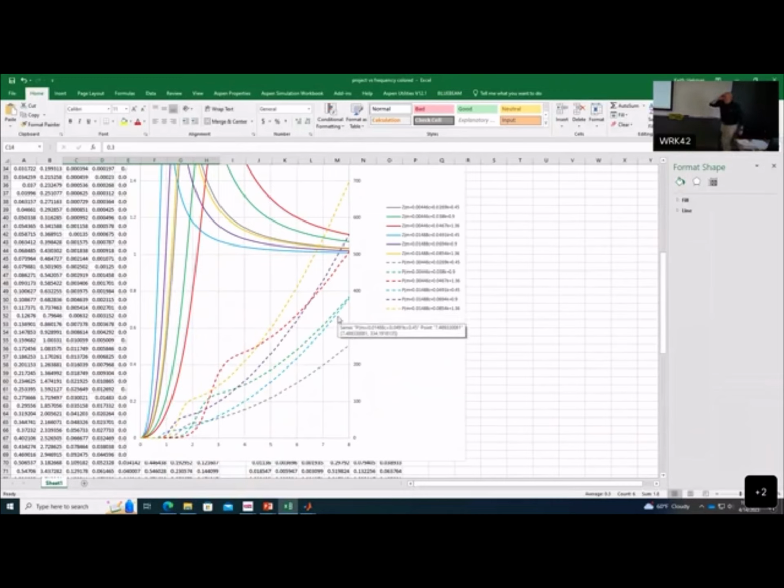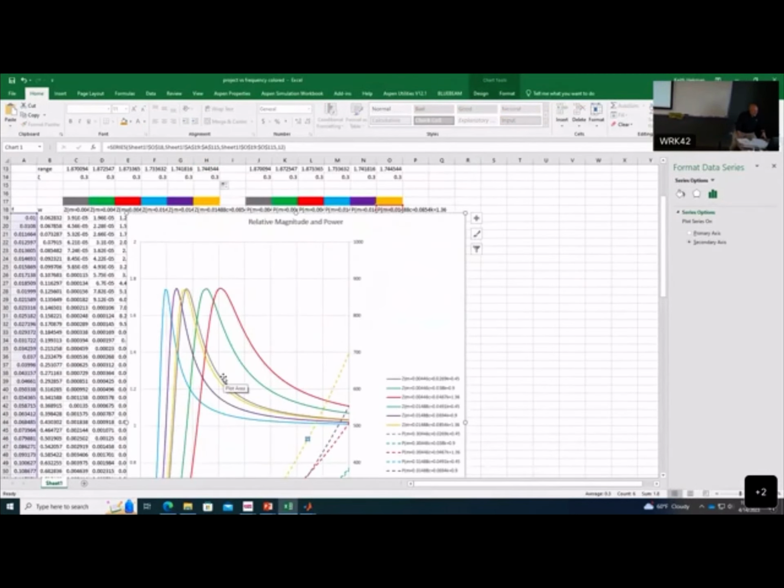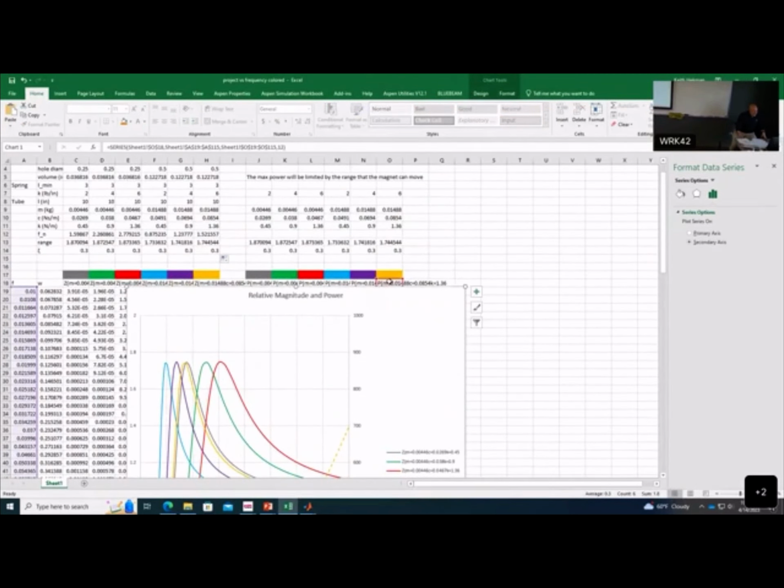The area of interest is in this region right here. So what's best? The yellow one is best. And yellow corresponds to this last one here.